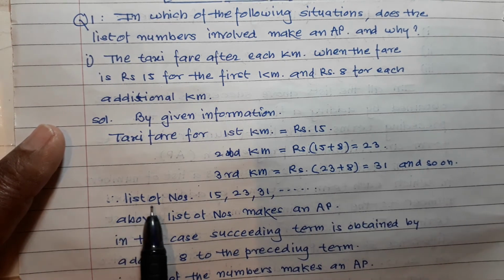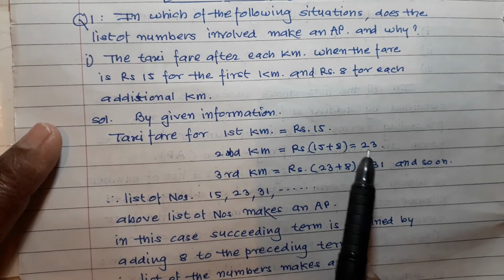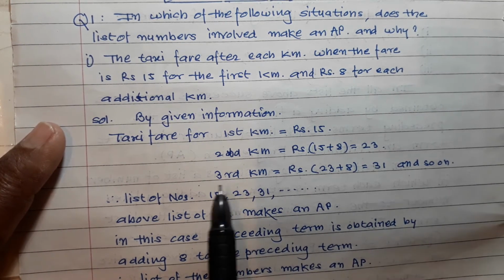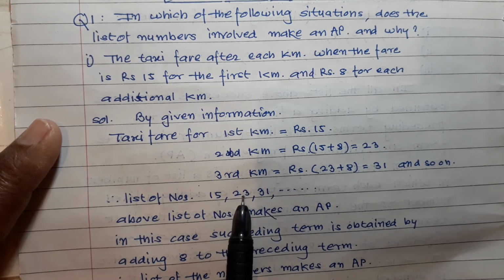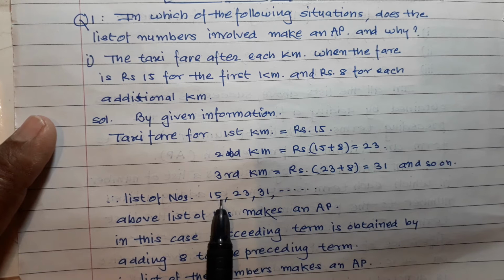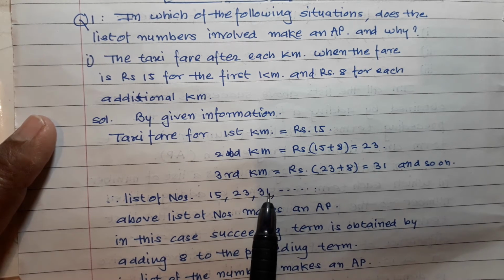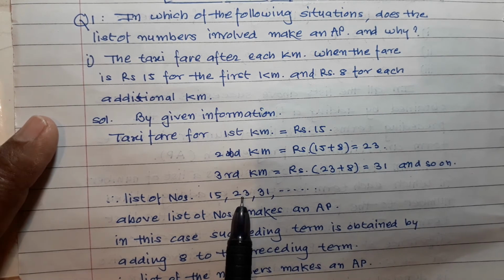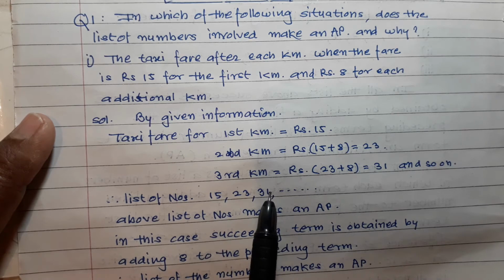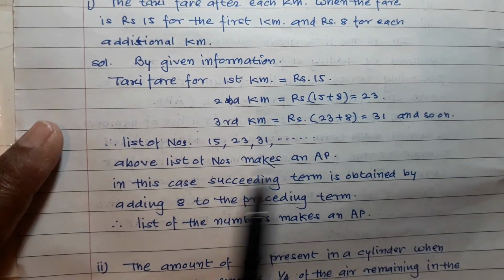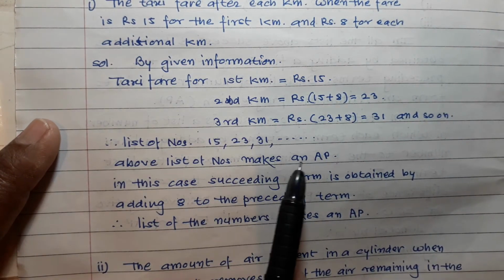So the list of numbers 15, 23, 31 forms an AP, because you can get each successive term by adding 8 to the preceding term. 31 is equal to 23 plus 8, 23 is equal to 15 plus 8, and therefore this list is an AP.